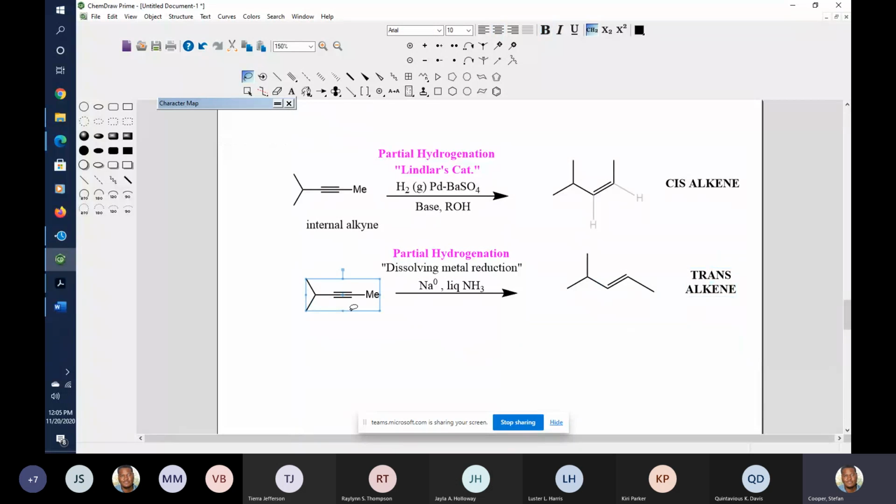If I took this, and if I reacted it with hydrogen gas and a catalyst, what would I get? Anyone know?